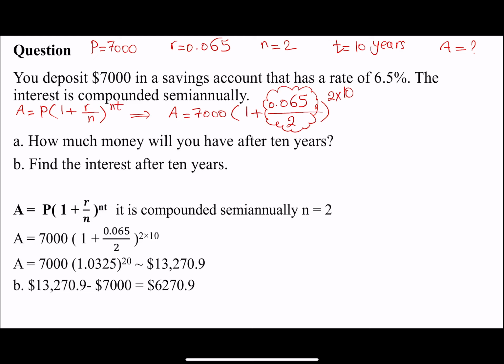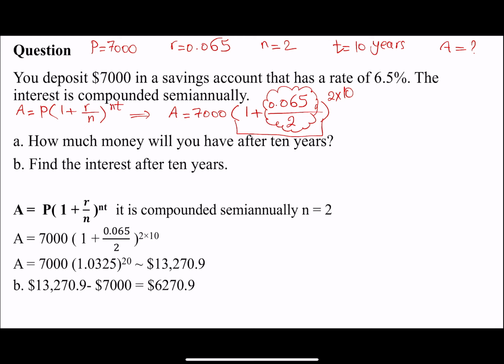So, use your calculator. 0.065 divided by 2, whatever it is, add it to 1. When you have this bracket on your calculator, raise the result to the power of 20.